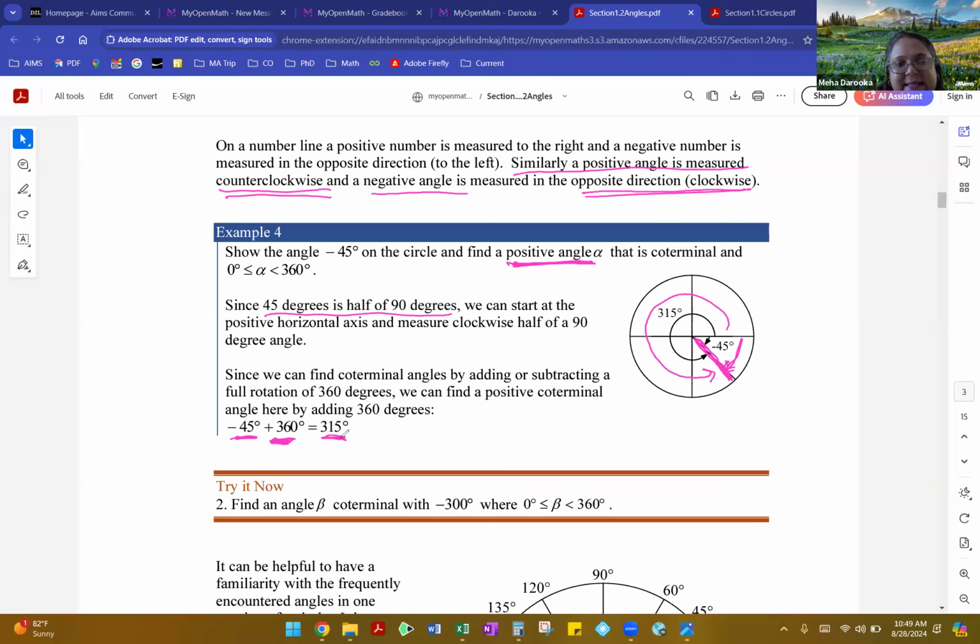So using that same idea, can you tell me for our try it now, what would our coterminal angle look like? And again, guys, you can see it's got to be between 0 and 360, which means you are finding its positive pair.